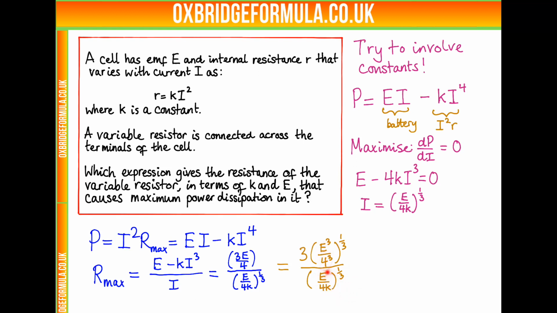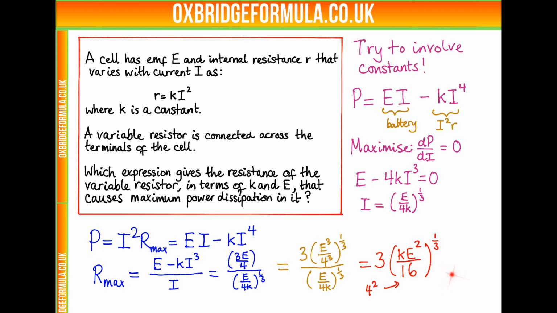So we get E cubed over E is E squared, and then now we get a 4 over 4 cubed when we move this over here, and the K on top as well. This now gives us an expression of 3 times K E squared over 16, which is the 4 squared. And this is all to the power of a third, apart from the 3 on the outside. This is the expression for the resistance that gives the maximum power dissipation.